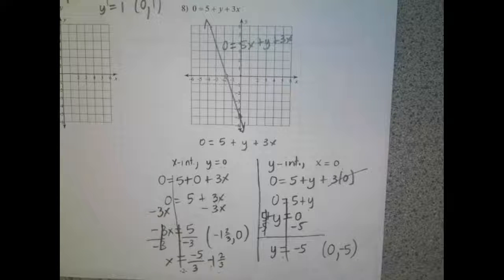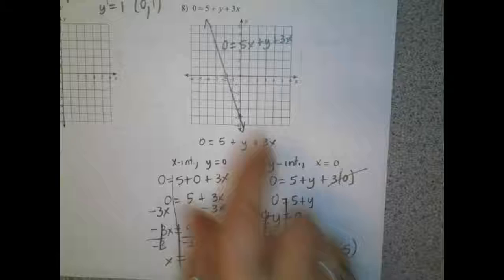Okay, so we're still doing exactly what the first side is, except this time you have to find your intercepts using 0. Okay? Because one of your numbers has to be 0 for you to be right on the line.